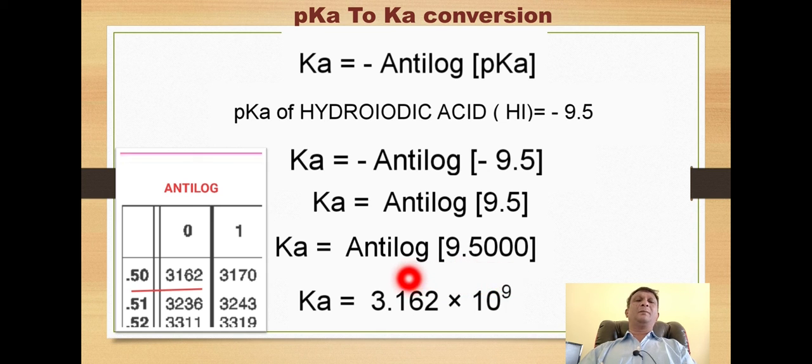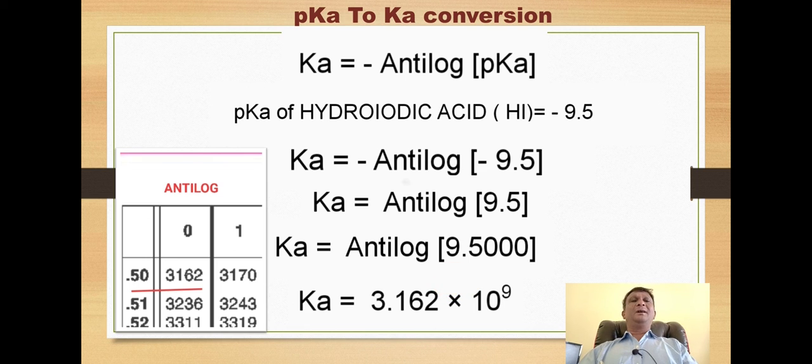So it will become 3.162 into 10 to power 9. So dear students, the pKa value of hydroiodic acid is minus 9.5 and its Ka value is 3.162 into 10 to power 9. If we compare this value with HCl, we will find that this is a very high value. That means hydroiodic acid is the stronger acid than hydrochloric acid.